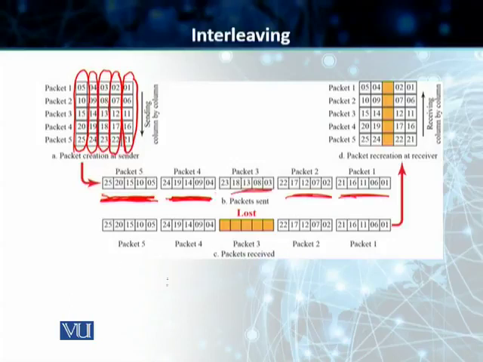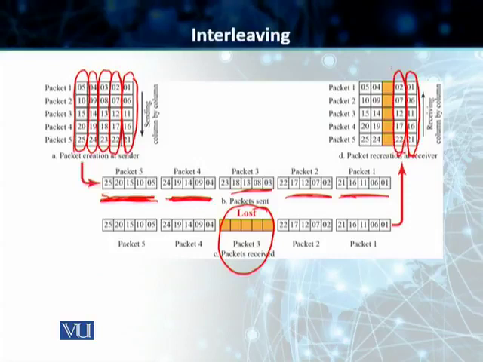On the receiving end, guys, once this is received, let's suppose that one of our packets is lost. Now, although we have lost the full packet, when you arrange this back on the receiver side column by column, in the vertical format, your packet 1 will go back like this. Packet 2 will go back like this.